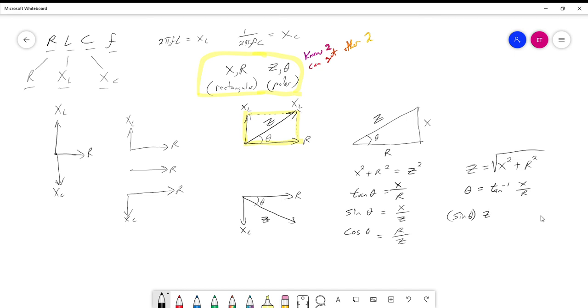I could say voltage divided by current and get Z, and the angle between voltage and current, and get the sine of that. And guess what? This is going to pop out the value of reactance that exists, right? Because I just brought Z over to this side.